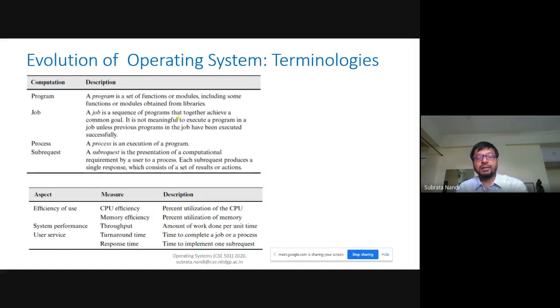We can consider that these three programs, the compiler program, linker program, and the actual executable program, together will be executed in some sequence, and this sequence is very important. You cannot execute before you link or compile. Okay, so the notion of a job is a sequence of programs that together achieves a common goal.